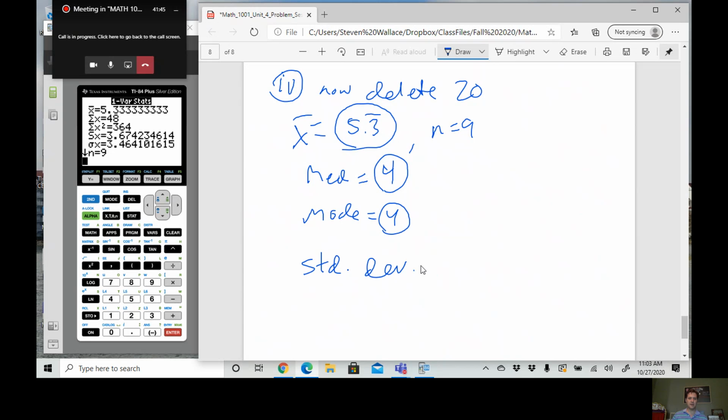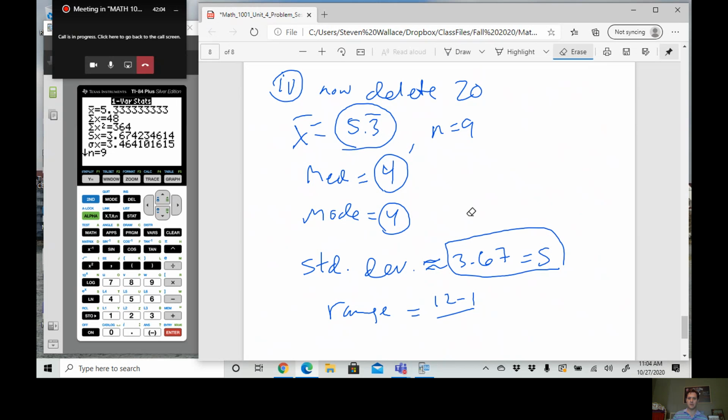Standard deviation has gone down a little bit, 3.67 roughly. And the range is now 12 minus 1, because the new maximum is now 12, and so that becomes 11.